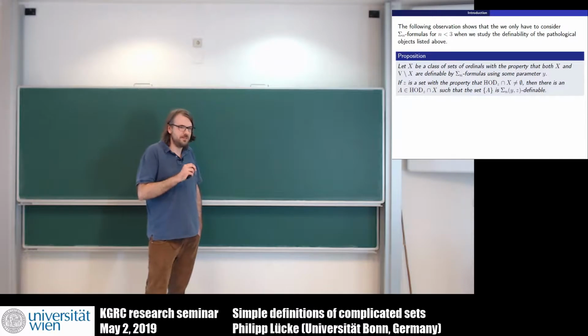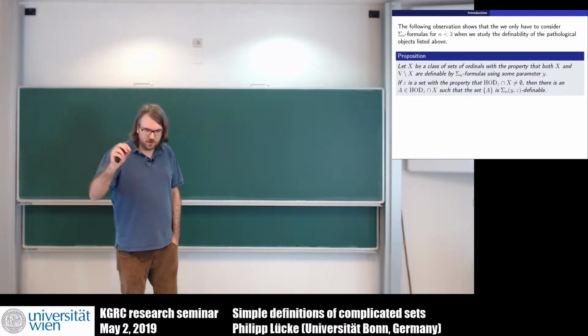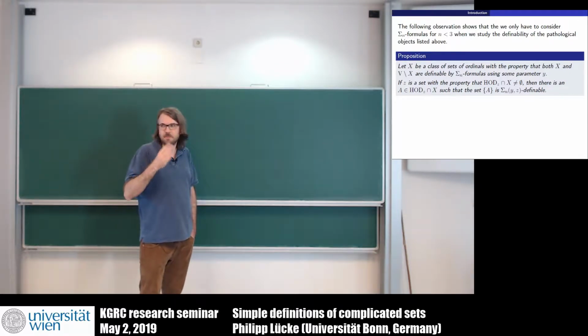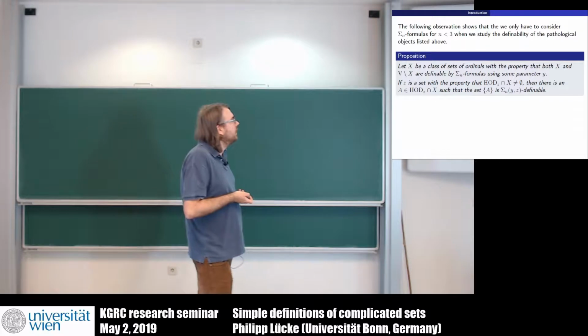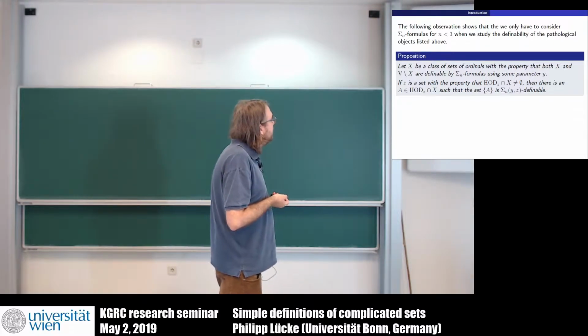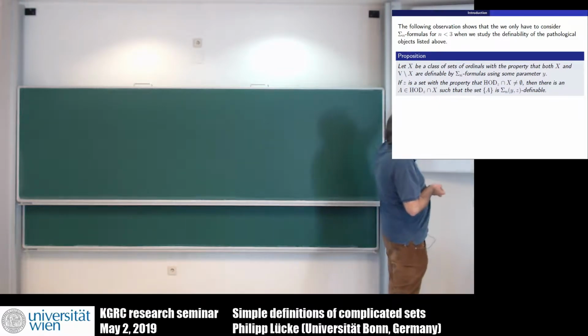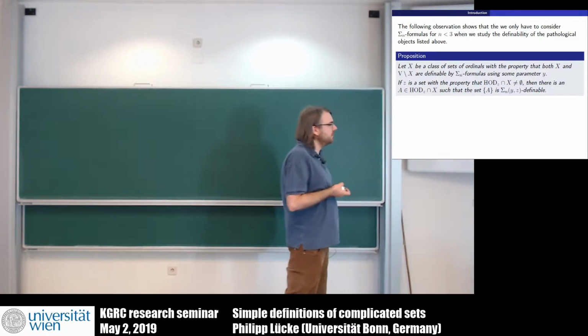What this means is that you have this well ordering of H(κ), and the class of initial segments of this well ordering is defined by a sigma 2 formula. And now what we can do with this is, we look at some type of objects consisting of sets of ordinals.